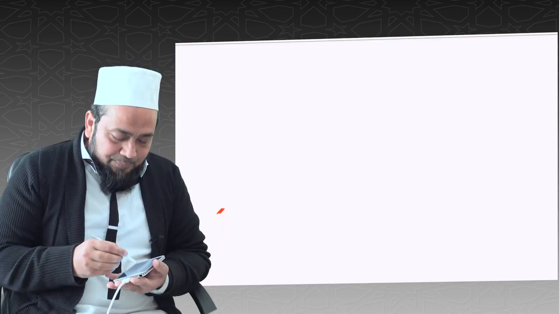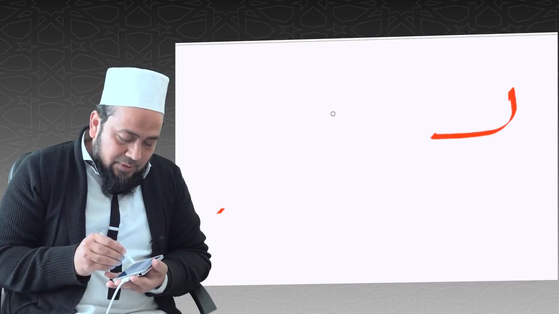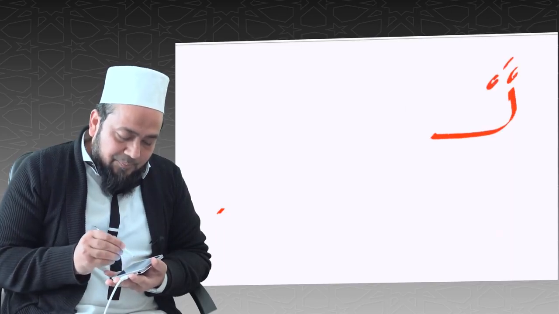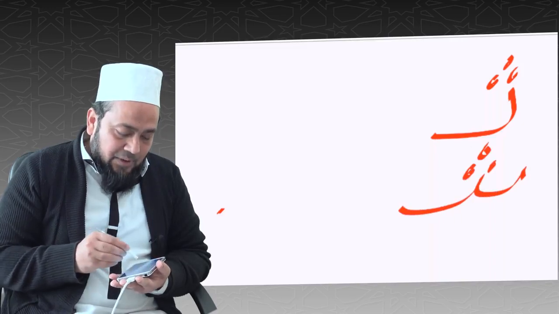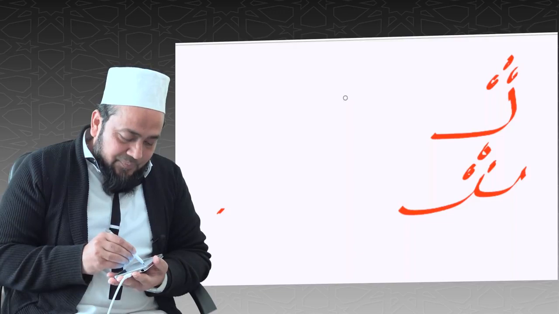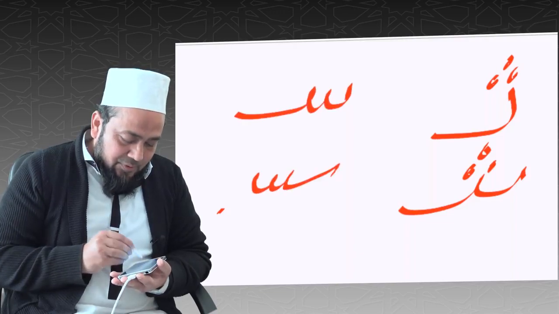Let me show you. The standalone shape of Sa is this one, beginning shape and middle of the word shape is this one. For the Shin, beginning shape is this one, middle of the word shape is this one.